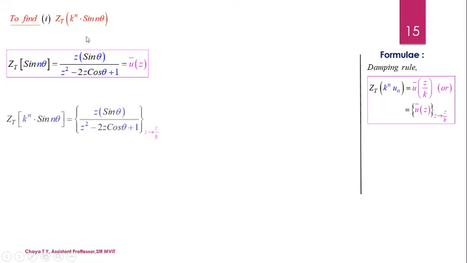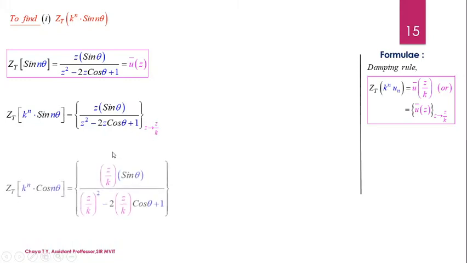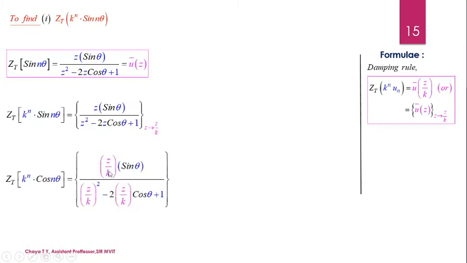Now apply the damping rule for the required expression. By the damping rule, the Z transform of k to the power n sin n theta is the u bar of Z expression, then substitute Z as Z divided by k. So when I do the same, I will get the expression as Z by k sin theta divided by Z by k whole square minus 2 times of Z by k cos theta plus 1.